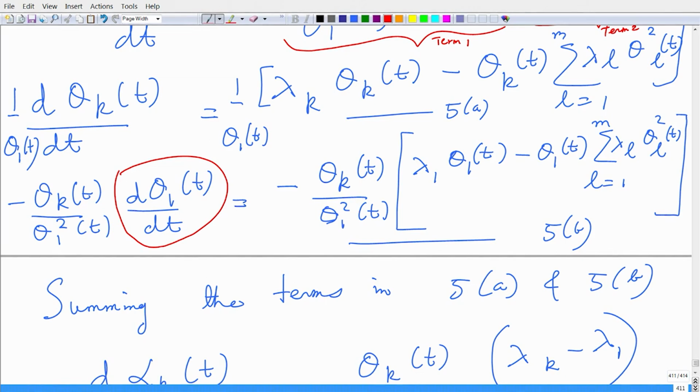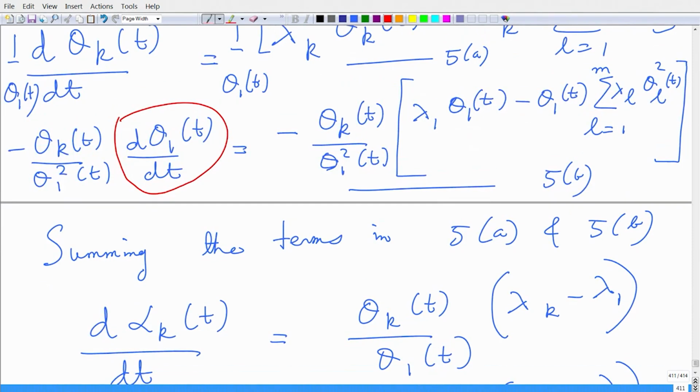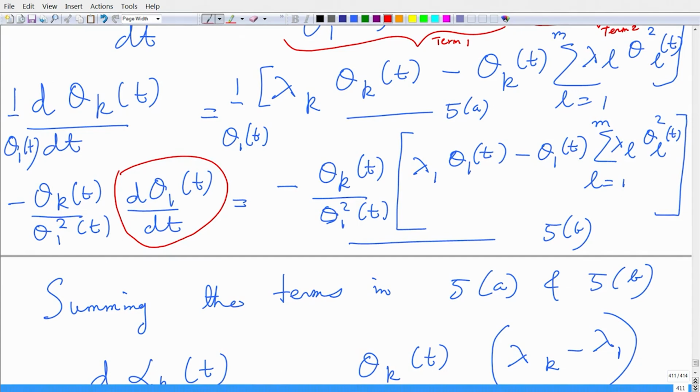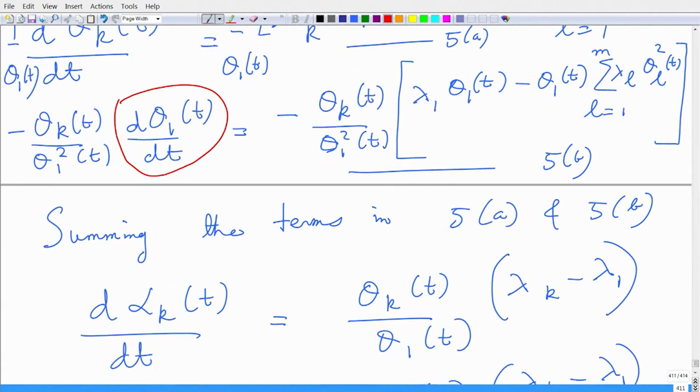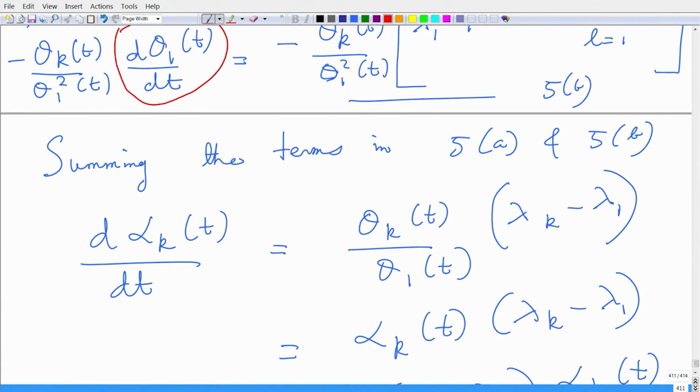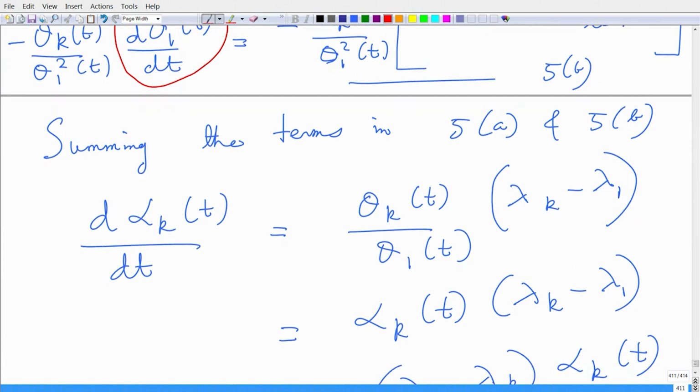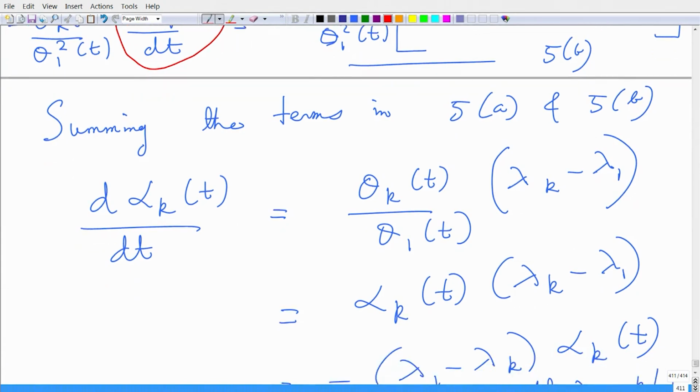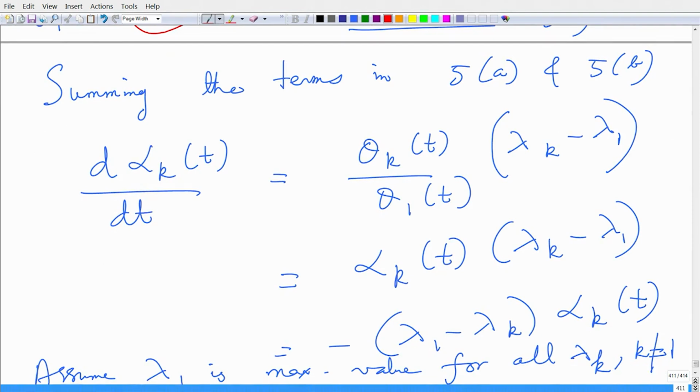So, basically the summation cancels out and all we land up with, in a simplified form, is theta k upon theta 1 times lambda k minus lambda 1. So, d alpha k of t upon dt is basically alpha k of t times lambda k minus lambda 1.